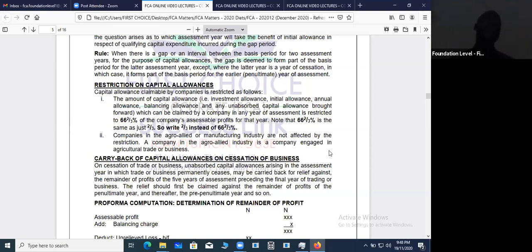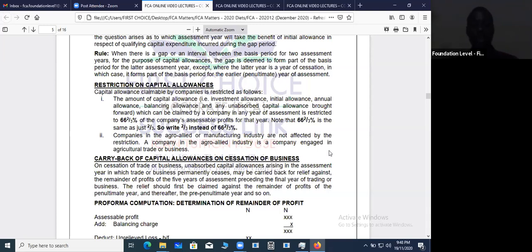If you have 12 million as accessible profit, capital allowance is perhaps 11 million, charge all the 11 million as long as you are in the manufacturing or agricultural business.